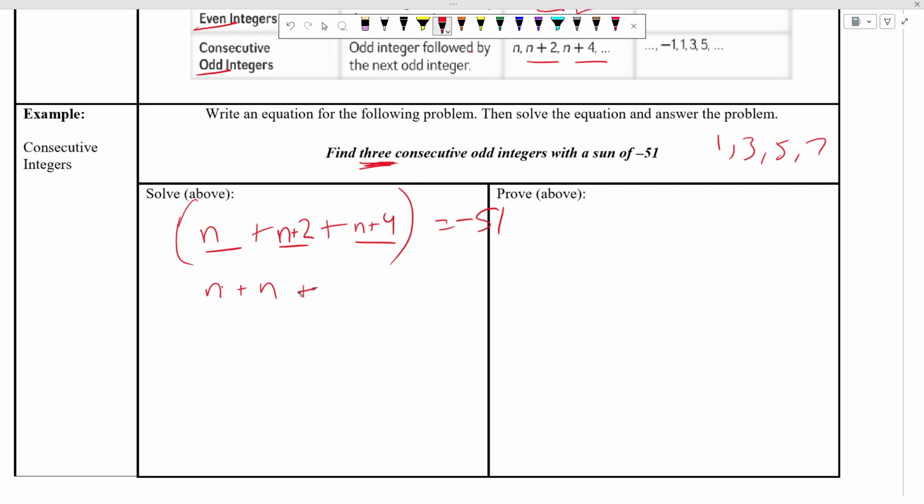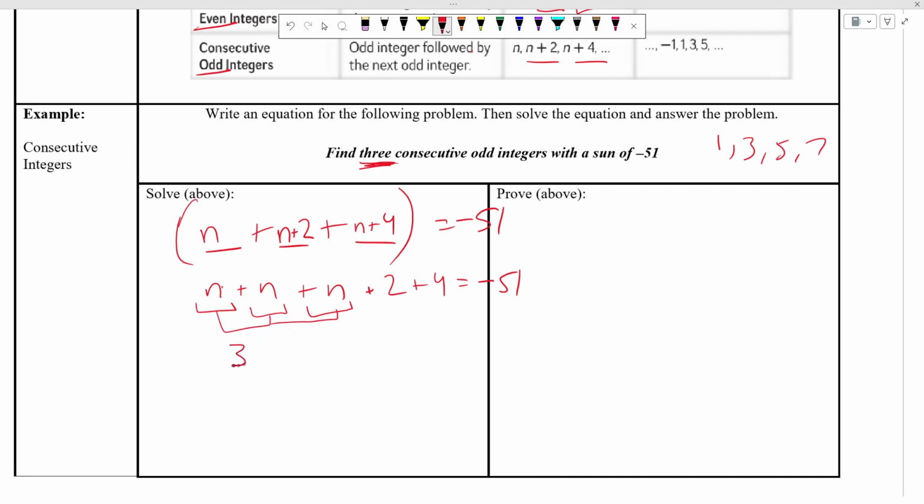Okay, so let me just rearrange here. I got that. I also have some numbers here. I have a 2 and I have a 4, and that equals negative 51. Well, now we know that we can basically combine like terms. These are all like terms. We can combine them.